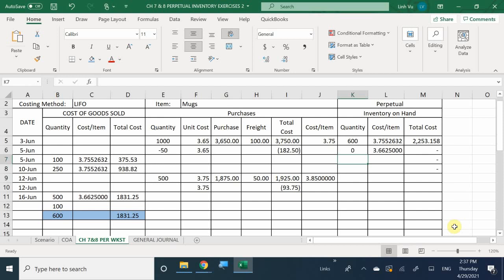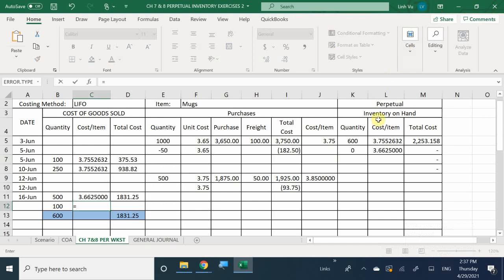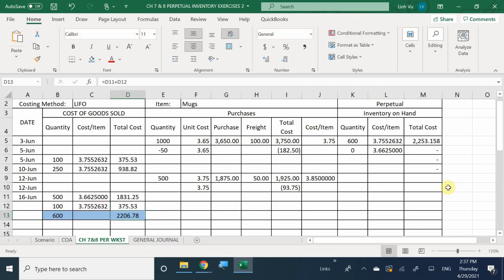So therefore, what batch do I have left? The 600. And I want to take 100 from there at 3.755, and we're going to end up with $375.52, because after rounding it goes to 526.